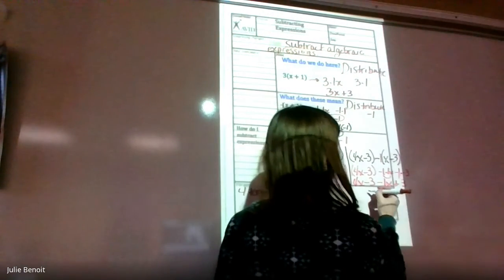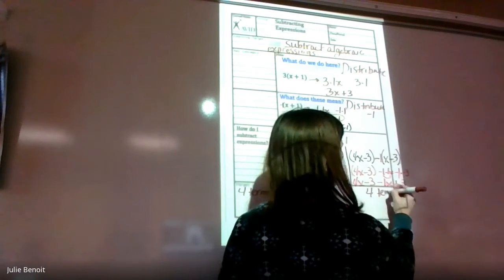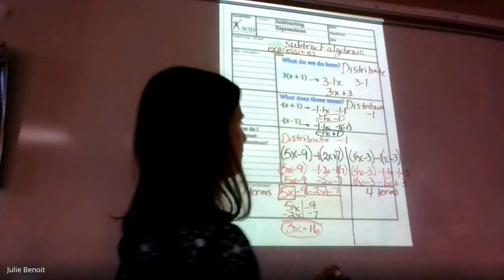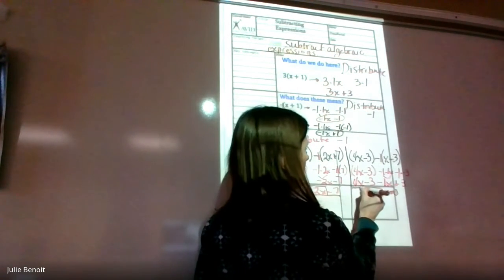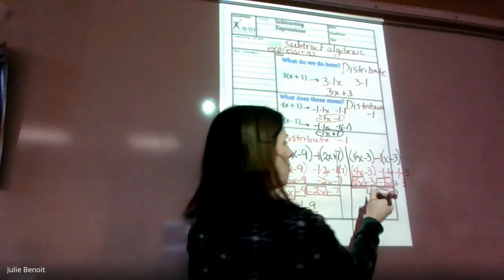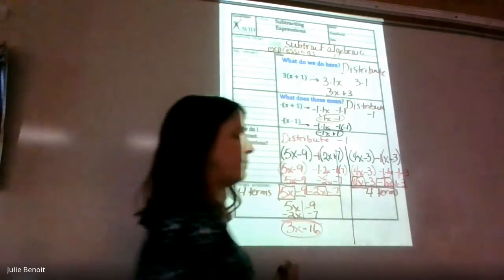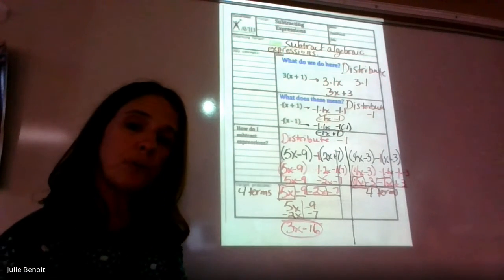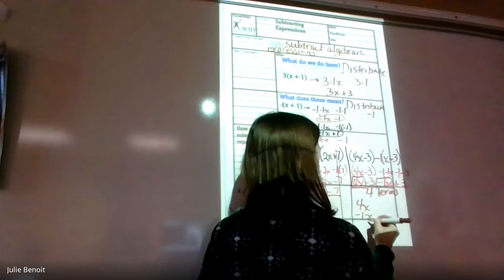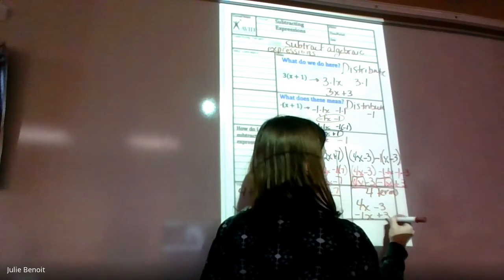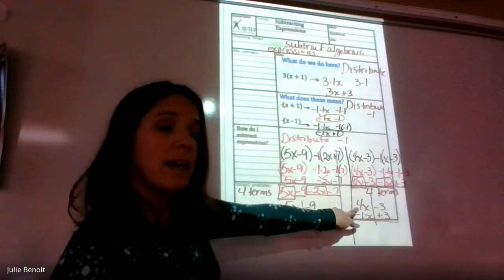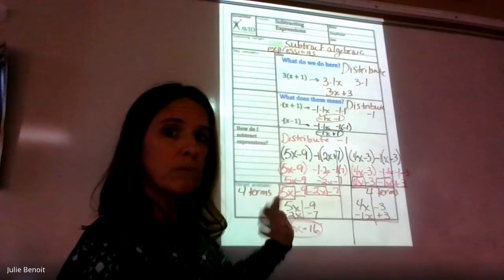All right, again, we have 4 terms. Doesn't always come out to be 4 terms, but it seems like it, doesn't it? We have a 4x and a -1x. We have a -3 and a +3. Line up your like terms vertically. 4x, -1x, -3, +3. 4x, -1x, that's a battle.